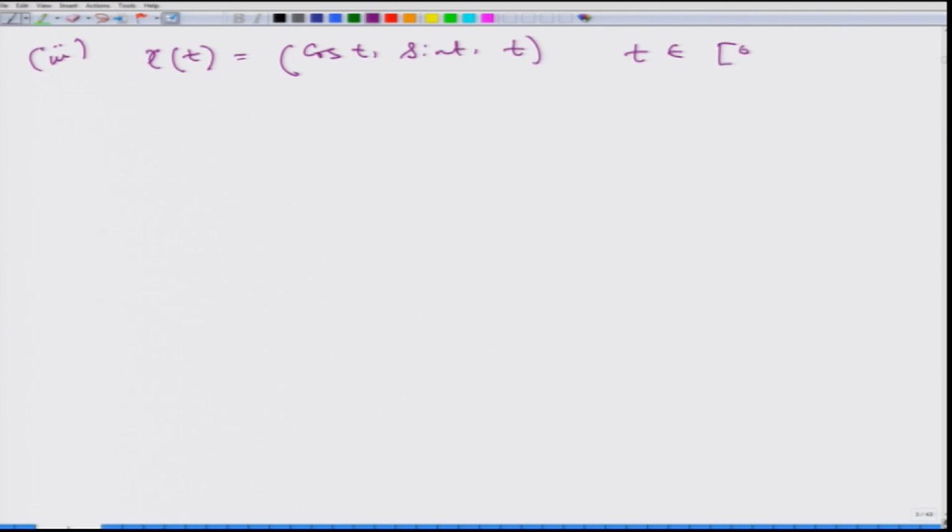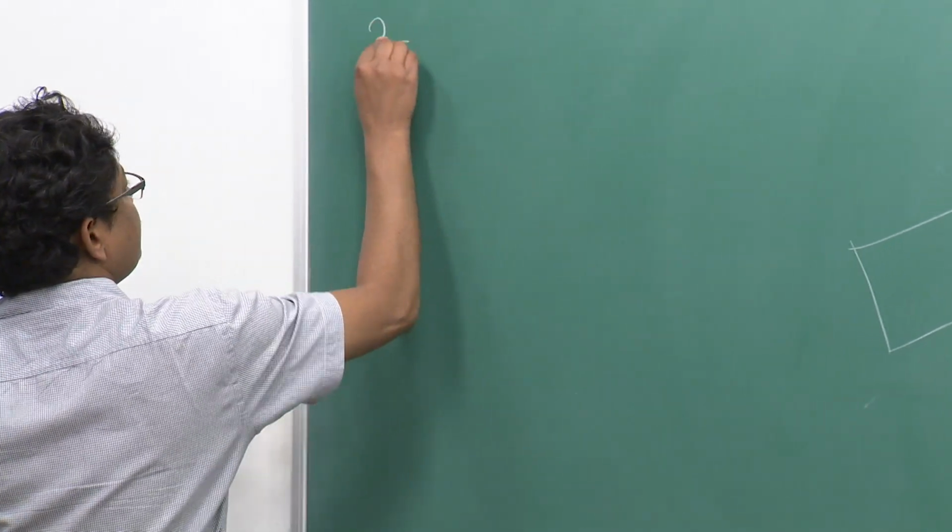How does it move? On the planar part it is a circle and it is increasing with t. So, that will give you a helix.